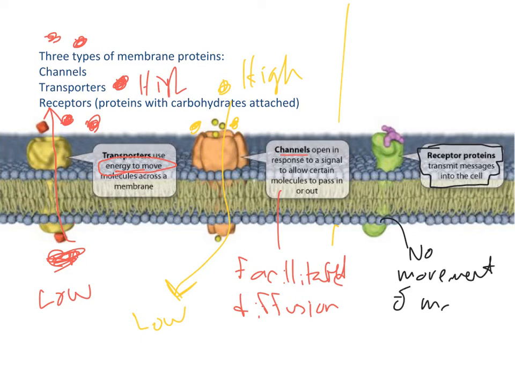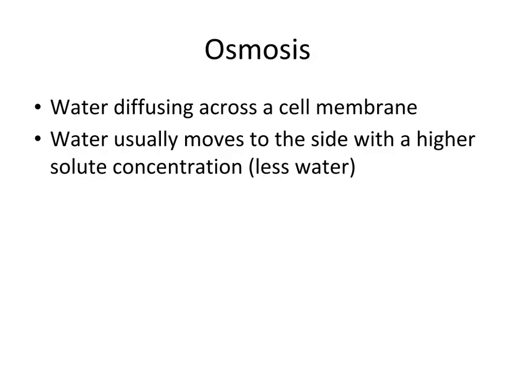The only thing that's moving across the membrane is information. Information only. So just like the picture of the person, you know who's at the door, but you don't have to open the door. So that's what a receptor protein will do.